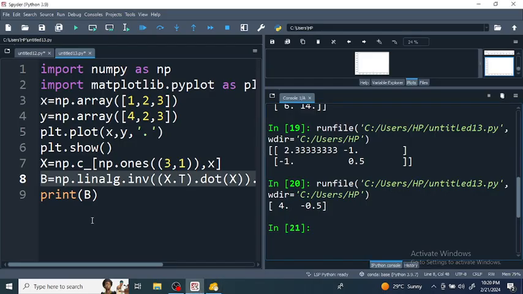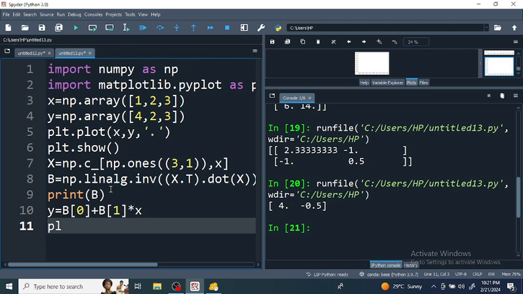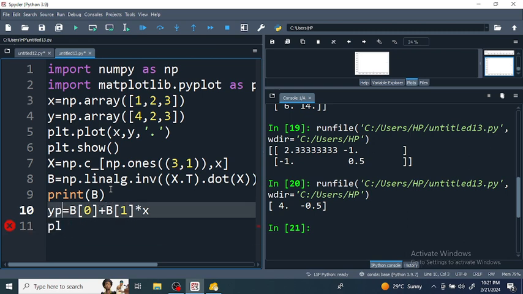So now we can form the predicted values of y, which can be calculated using b0 as 4 plus b1 as minus 0.5 into x. This is y predicted, yp.